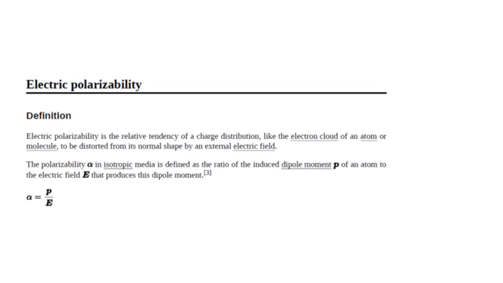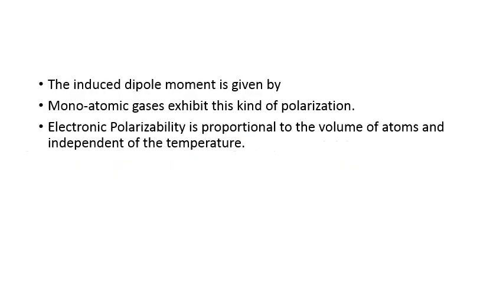The polarizability is defined as alpha in an isotropic medium. It is defined as the ratio of the induced dipole moment of an atom to the electric field that produces the dipole moment. We can calculate the induced dipole moment.